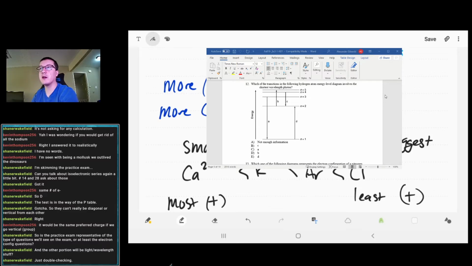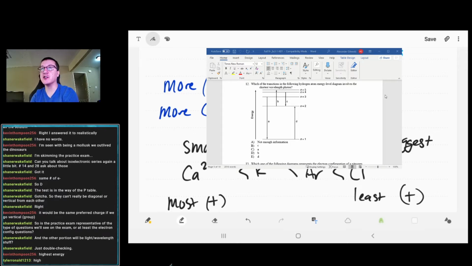So shortest wavelength means what in terms of energy? Does short wavelength mean high energy or low energy? Yeah, we're looking for the highest energy. Since the axis of this chart, the y-axis, is energy, we're looking for the one that has the biggest change in the y-axis.